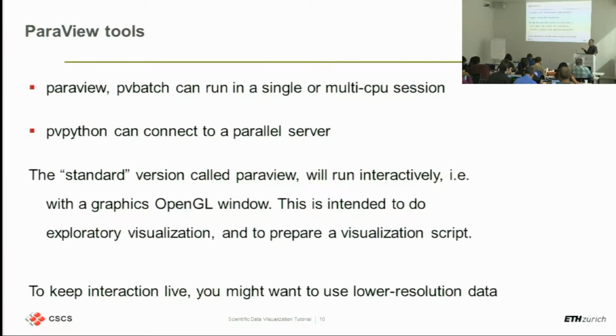So pvbatch is what we're going to use to submit batch jobs on Daint or on your own machine for that matter. pvpython can also be used to test a particular Python script. However, it's pretty lame as an application. It doesn't have a graphical user interface. You can't even move the window around. So you'll see it's of limited use.